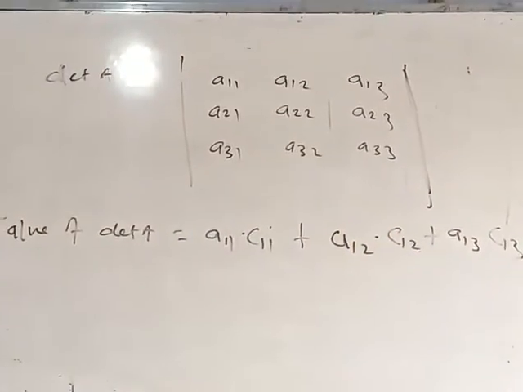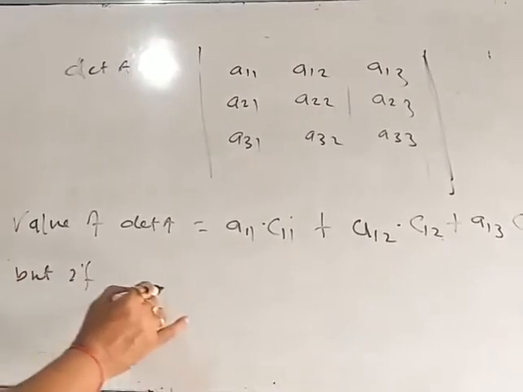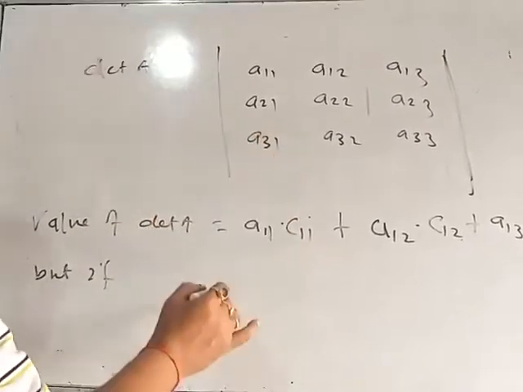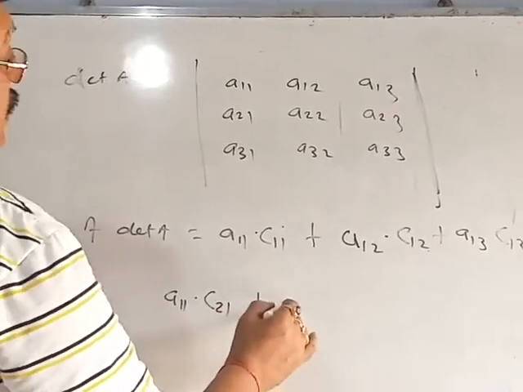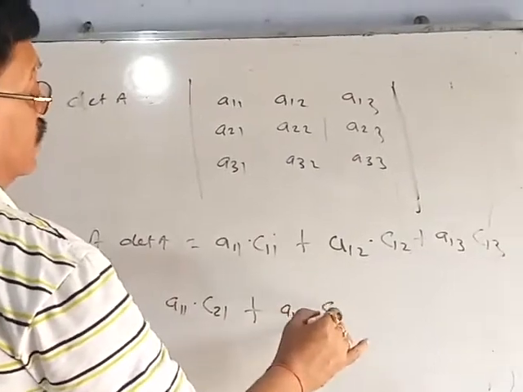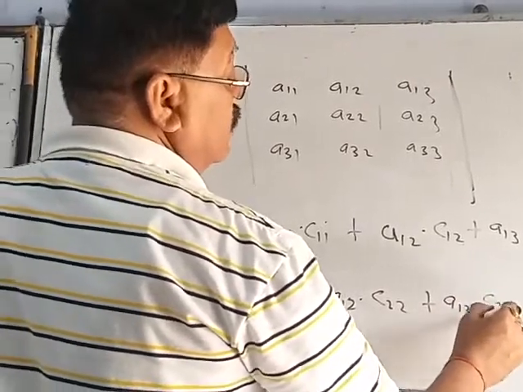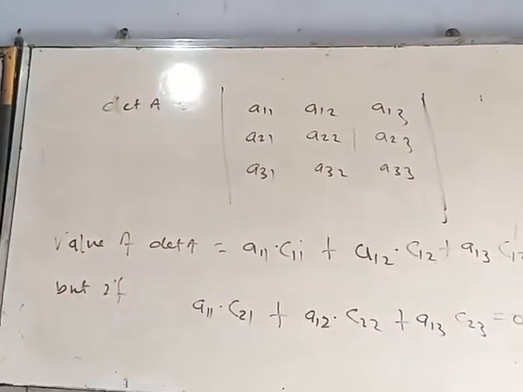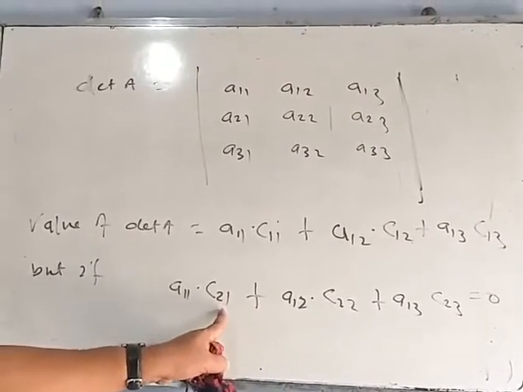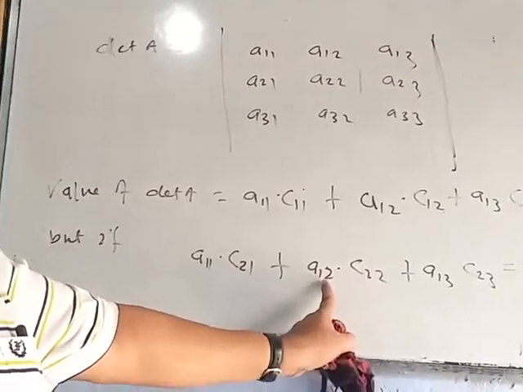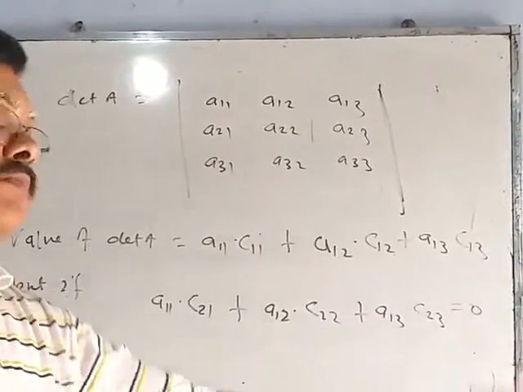This will be equal to the value of determinant. But if A11 into cofactor C21, the cofactor of another row's element, and A12 into cofactor C22 and A13 into cofactor C23, it will be equal to 0. So the value of determinant will be 0 when we take an element and the cofactors of another row's elements.